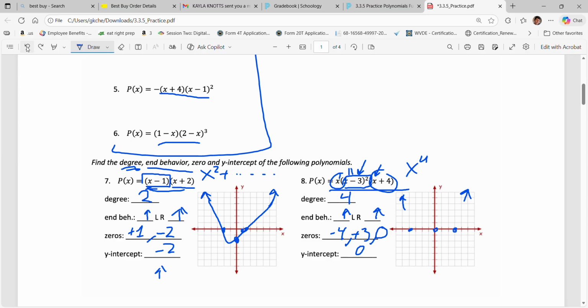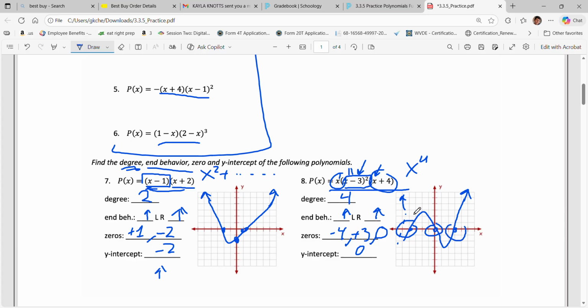So try that again. Maybe if I draw from the other side. Oh, it still doesn't connect up. If I'm only to have these 3 x-intercepts, and yet an end behavior that goes up to the right and left, it doesn't add up. The lines don't seem to connect up.